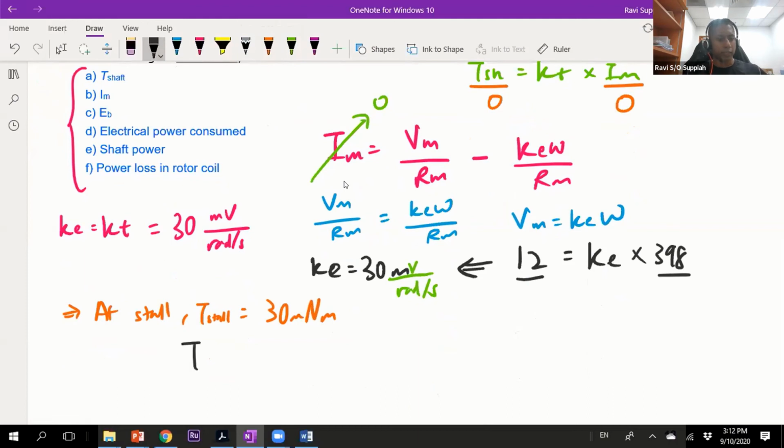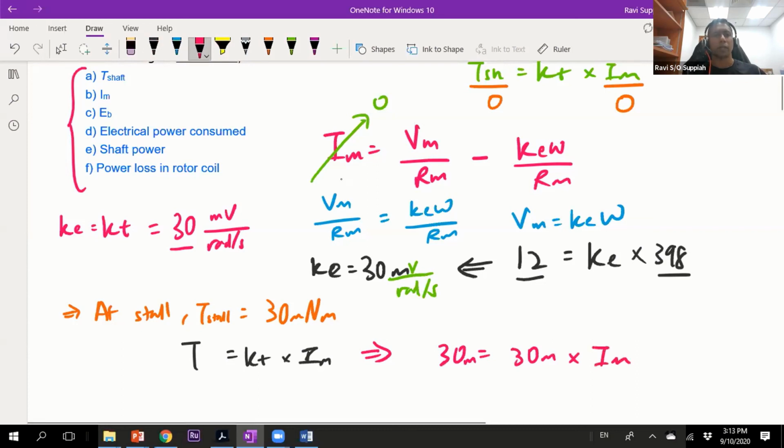We know that the torque is equal to KT multiplied by IM. So if I relate back to this, we can say that T, which is 30, equals KT, which is also 30 milli, multiplied by IM. Which means that IM is equal to 1 ampere.